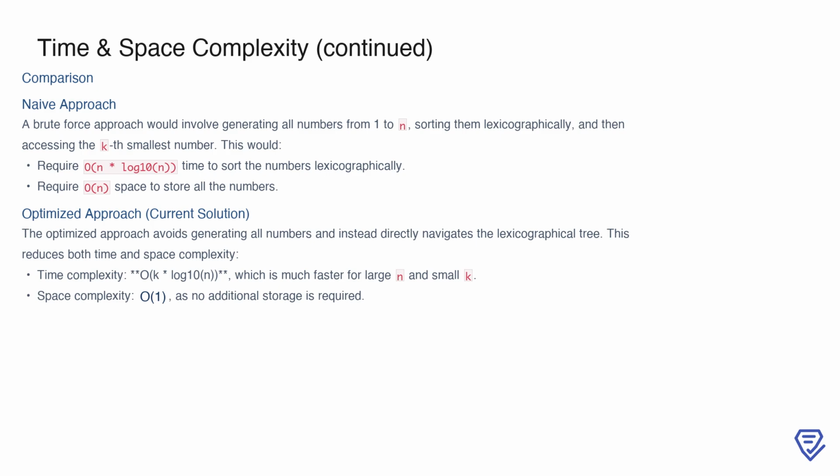In contrast, the optimized approach avoids generating all numbers and instead navigates directly through the lexicographical tree. This drastically reduces the time complexity to O(k log 10 n), which is significantly faster for large n and smaller k. Additionally, it eliminates the need for extra storage, reducing the space complexity to O(1). These improvements highlight the efficiency of the current solution.